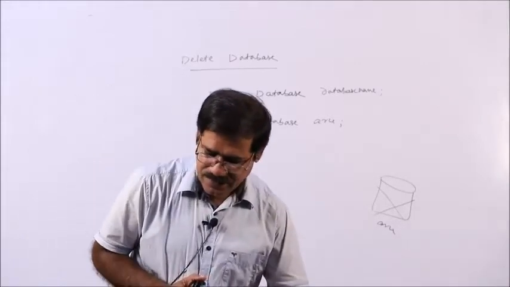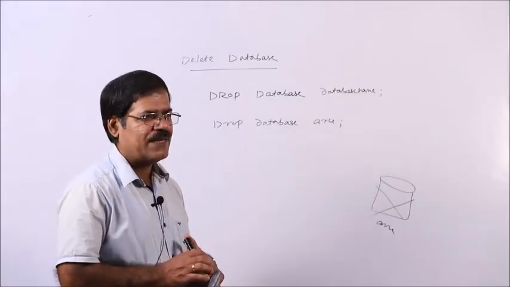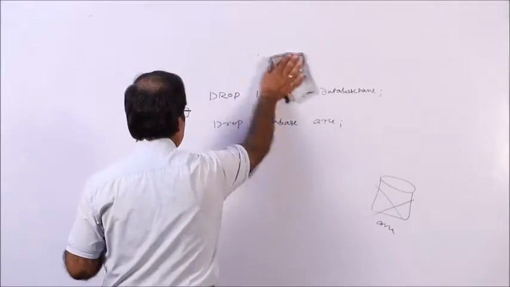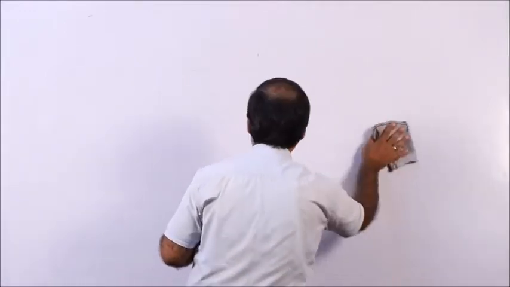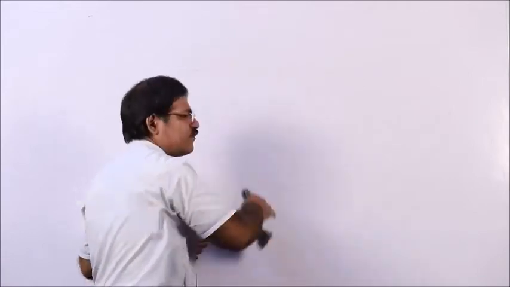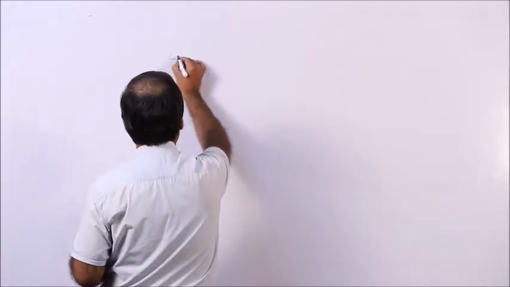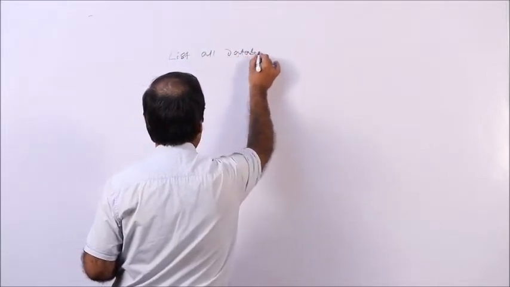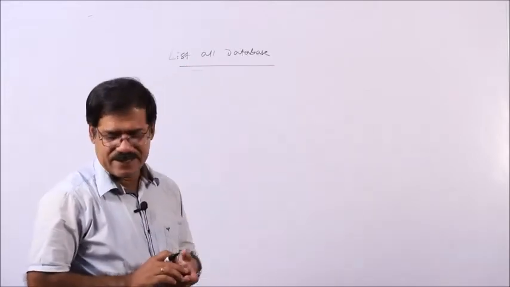Okay. That does not mean we have to create a single database; you may create multiple databases. List all the databases. The number of databases you have created, you will list or display all of them. What is the command? List all databases means display all the databases you have created.